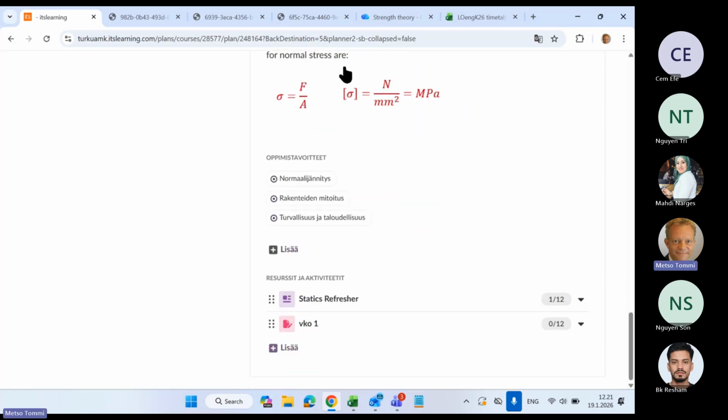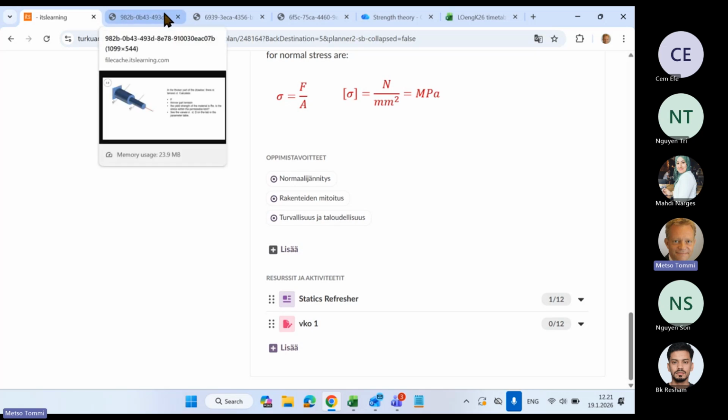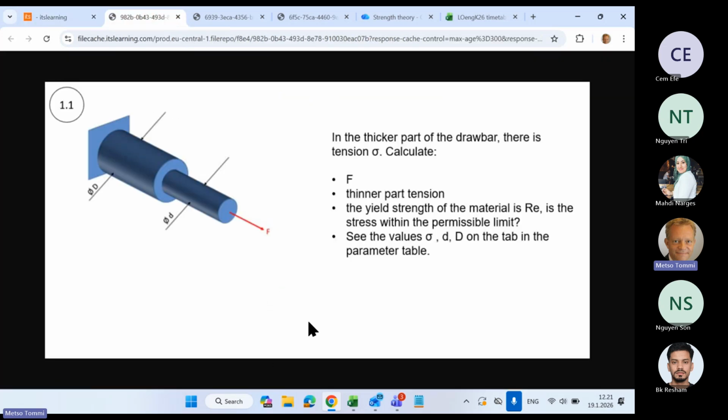Okay, and then let's see what kind of exercises we are having. This is the first one. In this thicker part, there is a tension sigma, and what we have to do first is calculate the force which is causing the tension in the thicker part. And then after we know this force, we can calculate the thinner part tension.